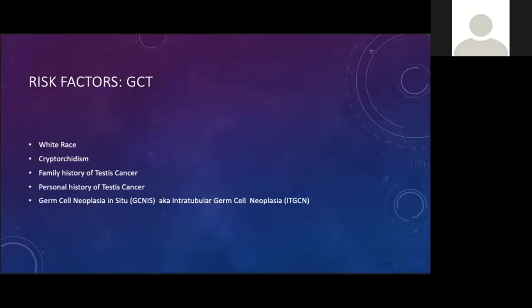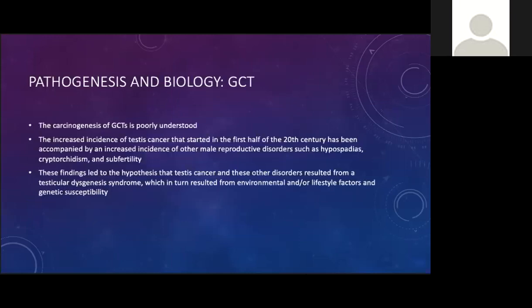The germ cell neoplasia in situ develops from arrested primordial germ cells or gonocytes that fail to differentiate into pre-spermatogonia. So for the pathogenesis and biology of GCTs, the carcinogenesis of GCTs is poorly understood.